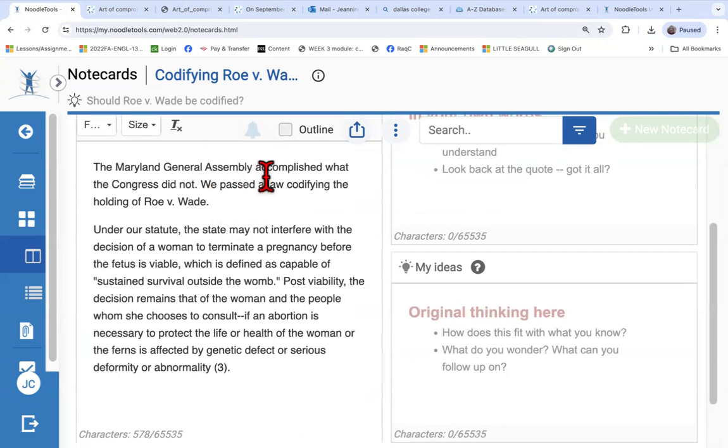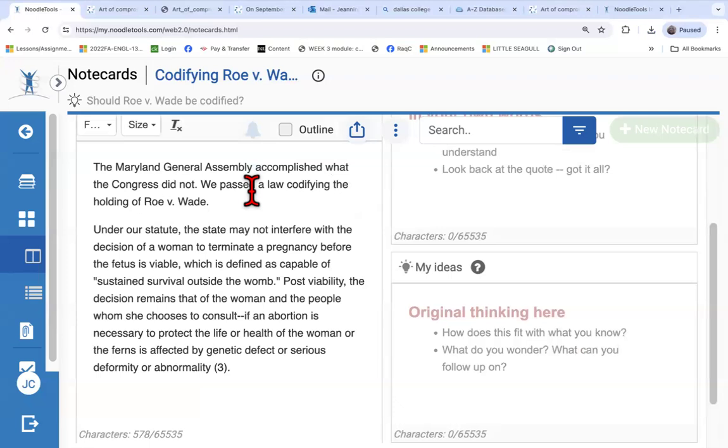The Maryland General Assembly accomplished what the Congress did not. Okay, but passing a law. Okay. Under our statute, the state may not interfere with the decision of a woman to terminate a pregnancy before the fetus is viable, which is defined as capable of, quote, sustained survival outside the womb, end quote. Post viability, the decision remains that of the woman and the people whom she chooses to consult.